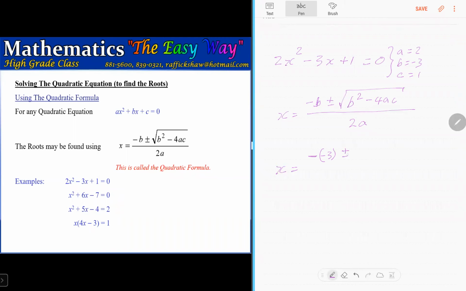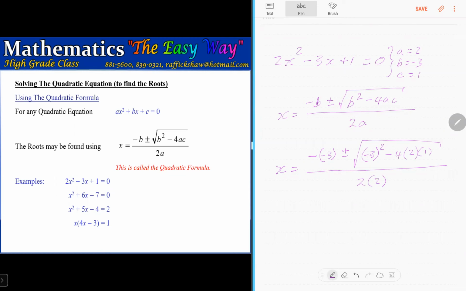Plus or minus the square root of b squared, which is -3 squared, minus, that's this minus, 4 times a, which is 2, and c, which is 1. All over 2 times a, which is 2. That's it. When we put in the values for a, b, and c, all we have to do now is be careful and work it down.